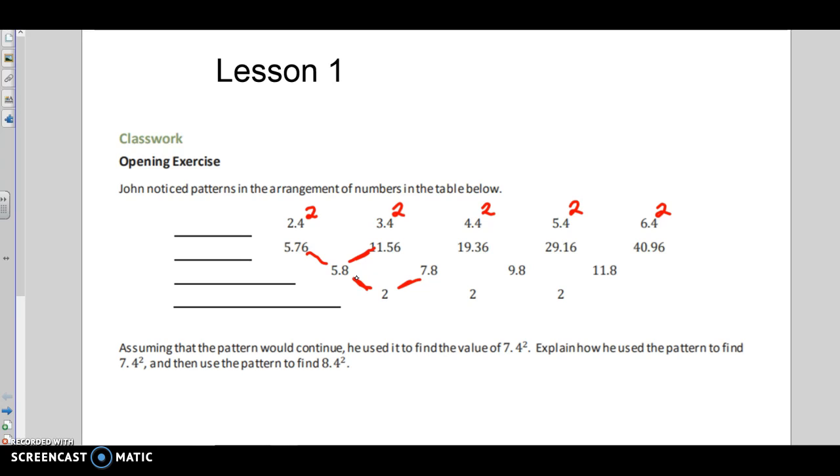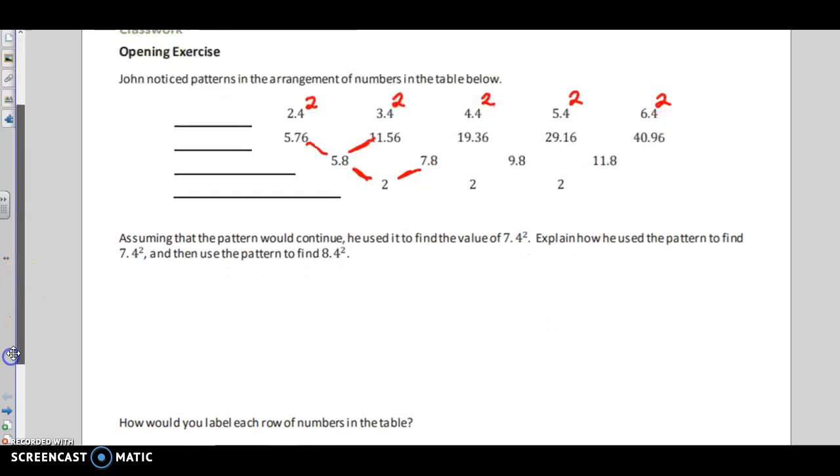So let's see if we can figure out, using this pattern, 7.4 and 8.4. So I'm going to carry over 6.4. And then 7.4 and 8.4.